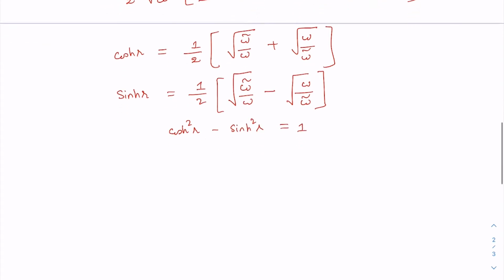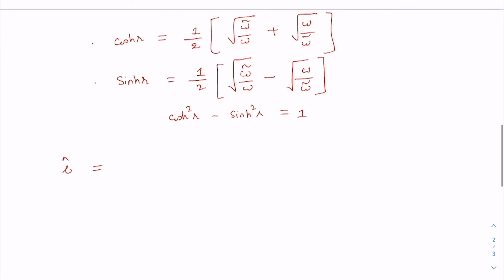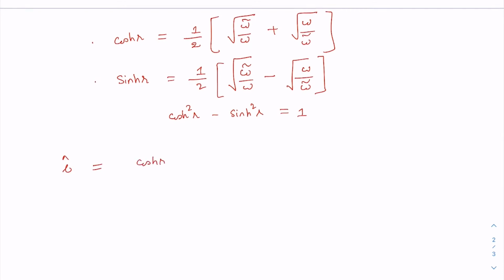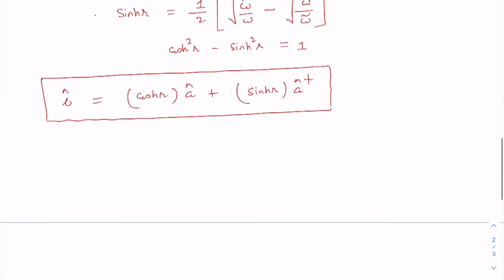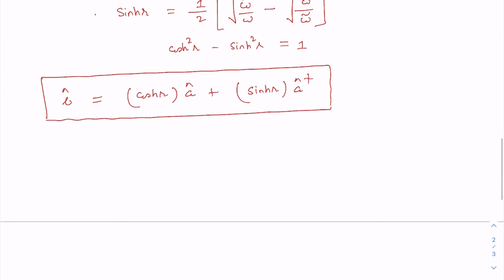Then in terms of this cosh r and sinh r, I can express my new annihilation operator b as cosh r a plus sinh r a dagger. So you see, this is how the annihilation operator of the new harmonic oscillator after we squeezed it is related to the annihilation and creation operators of the old harmonic oscillator.